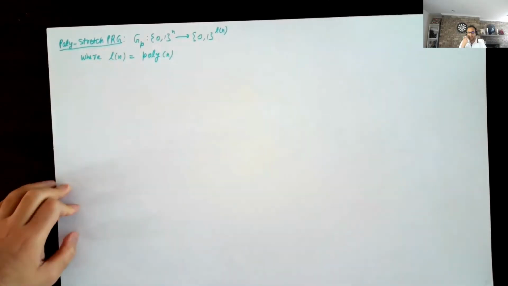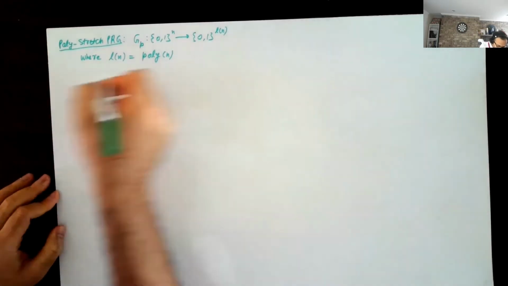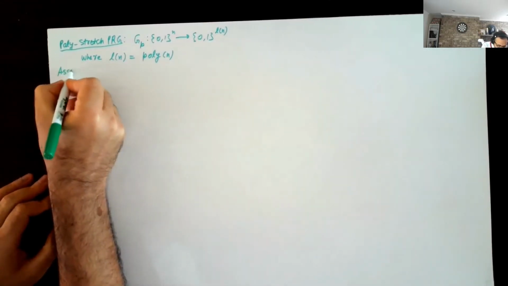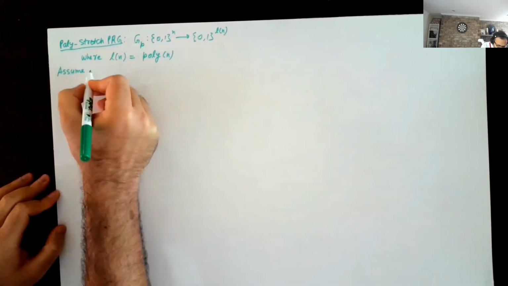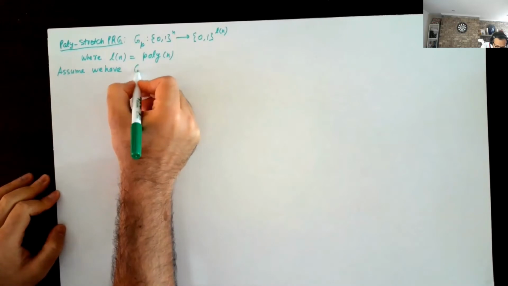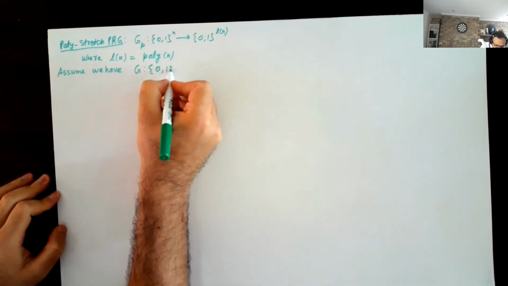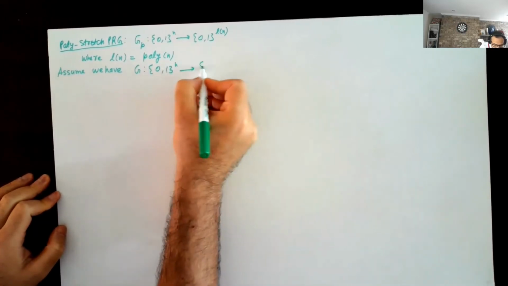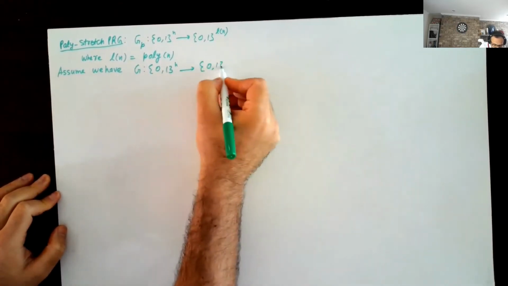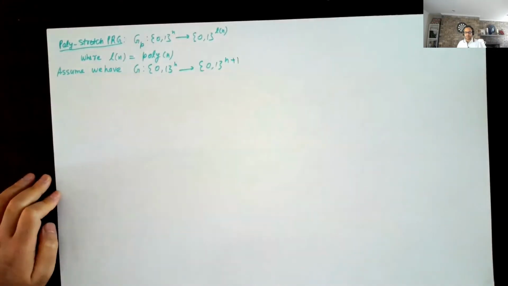It could be n square, n cube, or whatever you want it to be. And we will assume that we are given a PRG from the last class, which is just a one bit stretch PRG.